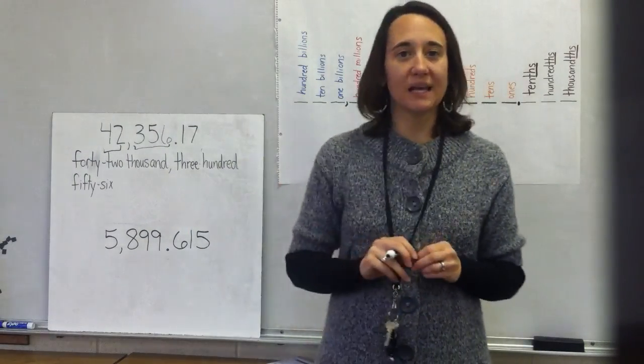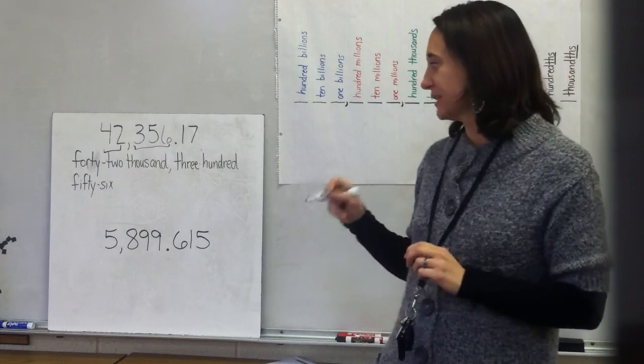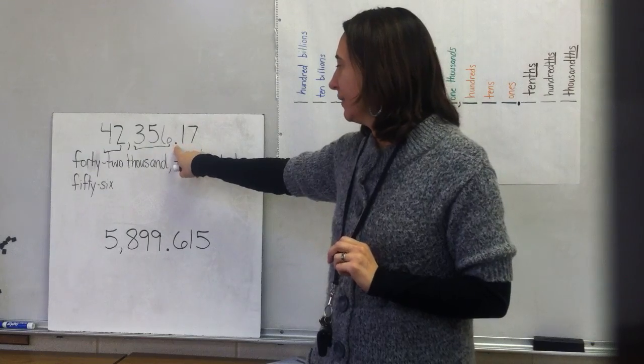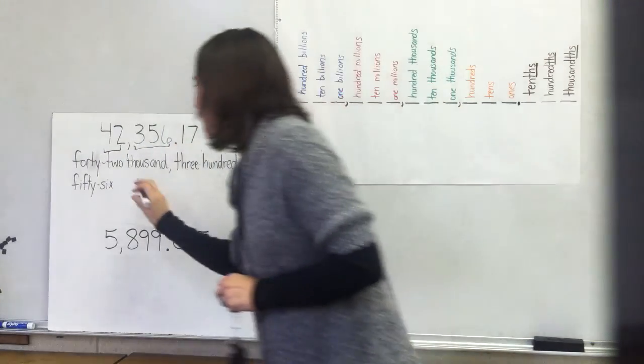And if you remember what I said about the ones period, we don't say ones, but if there's something after it, which there is here, we'd say and for the decimal.